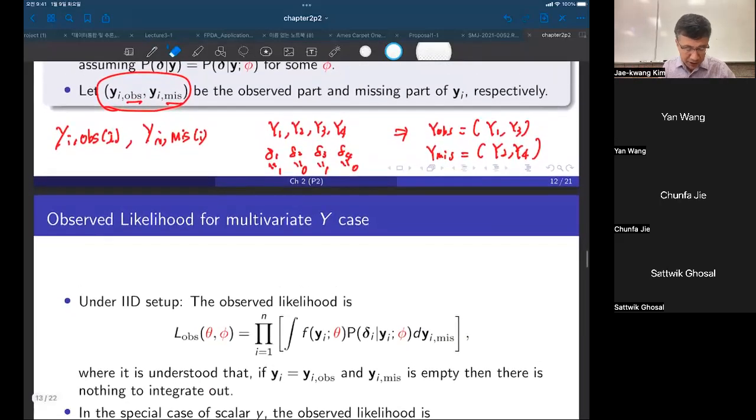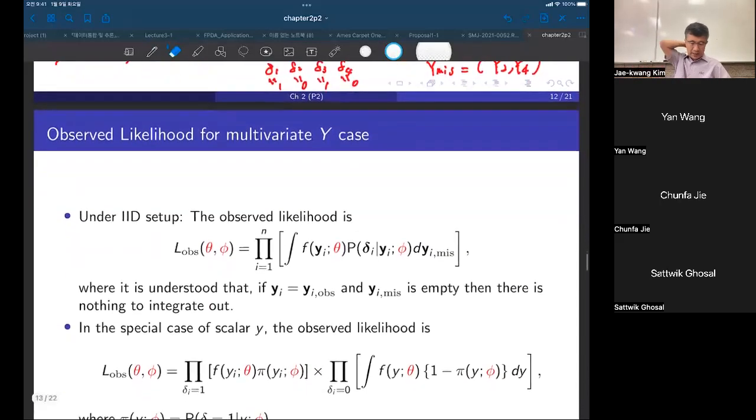So then, how do we express the observed likelihood? The observed likelihood is written by computing the marginal density of your data. You can view it this way.